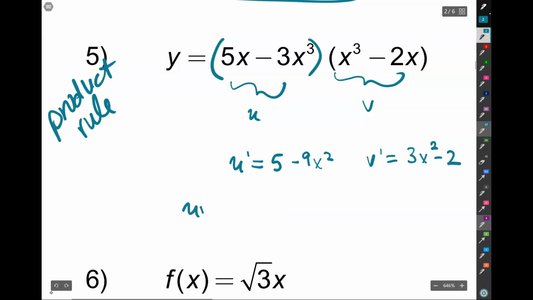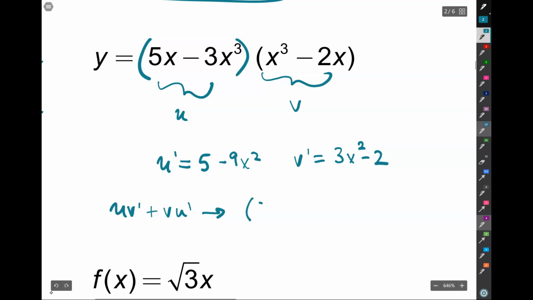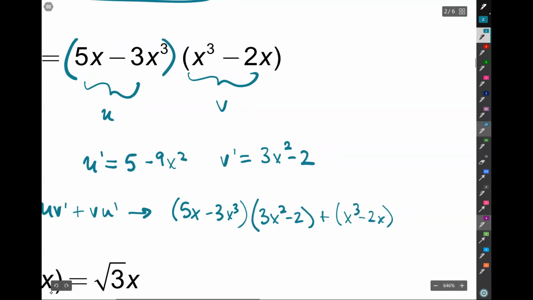So this is going to be 5x minus 3x cubed, times v prime, 3x squared minus 2, add v, which is x cubed minus 2x, times u prime, which is 5 minus 9x squared.